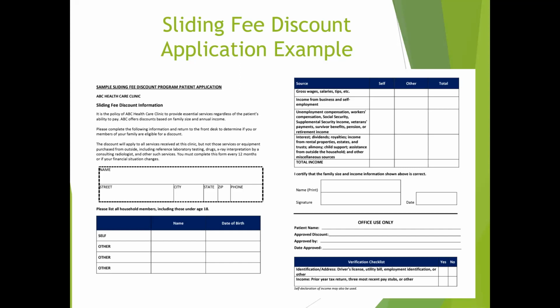And then sources: gross wages, salaries, tips, etc., income from business and self-employment, unemployment compensation, workers' compensation, social security income, veterans payments, survivor benefits, pension or retirement income, and then interest, dividends, royalties, income from rental properties, estates and trusts, alimony, child support, assistance from outside the household, and any other miscellaneous sources.